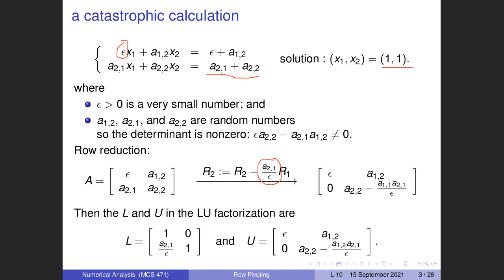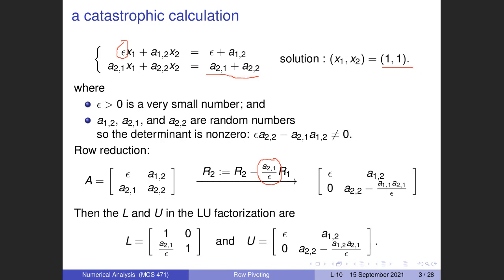So the L times the U actually gives us back the matrix. And you can easily verify this. So the L is actually, you can see this as adding to the second row a multiple of the first row again, so undoing things.